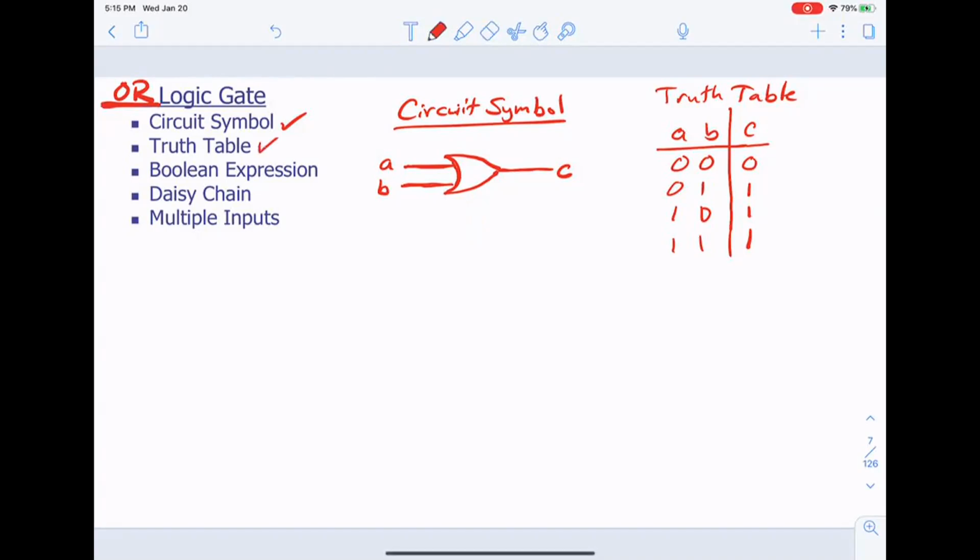Now let's go to our checklist. Suddenly I switched over to red for some reason. Let's talk about Boolean expression. By that, I mean, I want to write an equation for C. And so we need to decide how we're going to do algebra in a world in which we only have 2 numbers, 0 and 1. That's it.